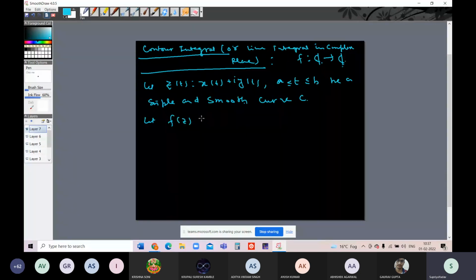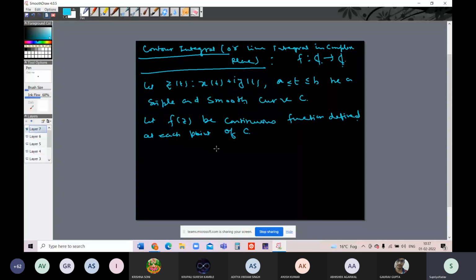Let f(z) be a continuous function defined at each point of this curve C. So how will we define the line integral or contour integral of this f(z) along this curve C?